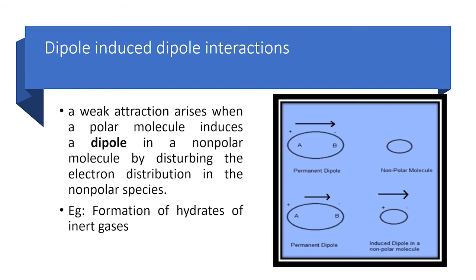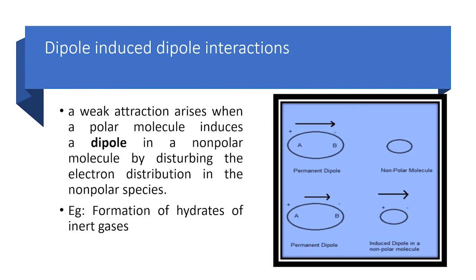So we can say this is a weak attraction that arises when a polar molecule induces a dipole in a non-polar molecule by disturbing the electron distribution in the non-polar species. This is not very common compared to other types of secondary forces. Here we can see a permanent dipole molecule.